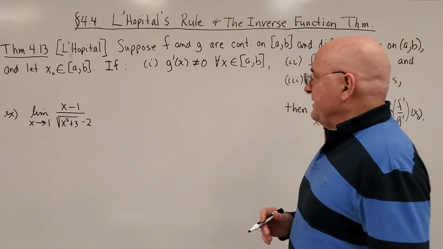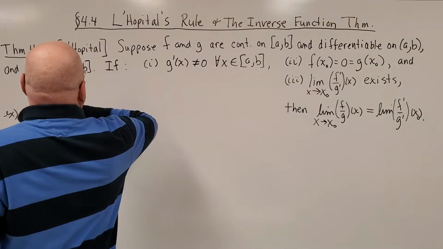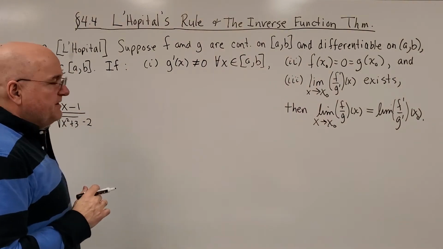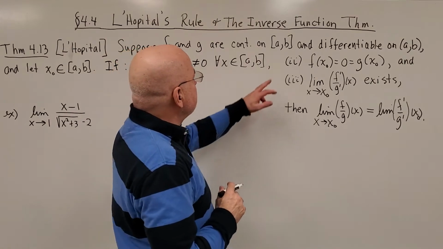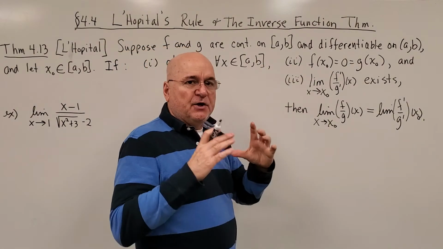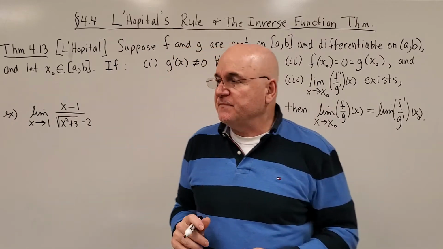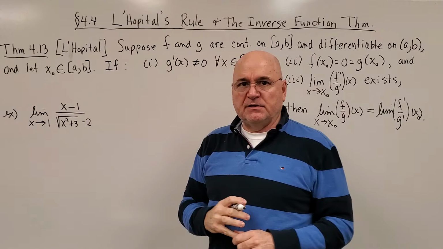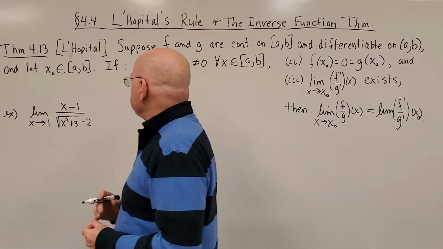Okay, Theorem 4.3, L'Hopital's rule. Suppose that f and g are continuous functions on the closed bounded interval [a, b], and they're differentiable on the open interval (a, b). And let x naught be any number in the closed interval from a to b.